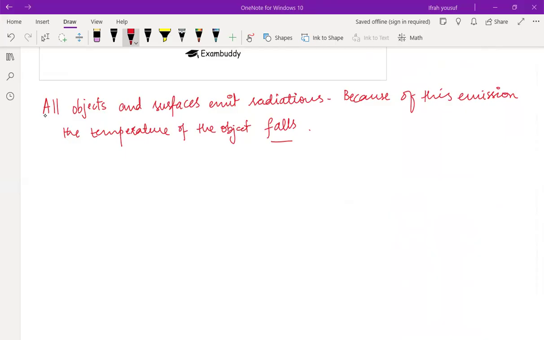So let's say there is one container that is the black one.